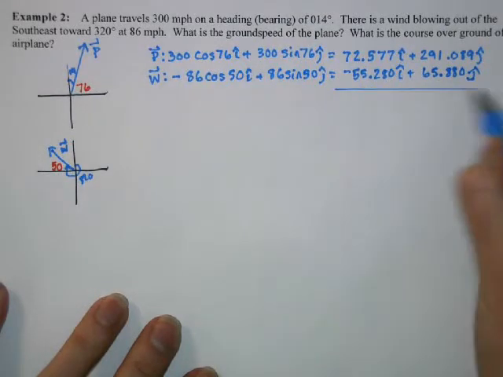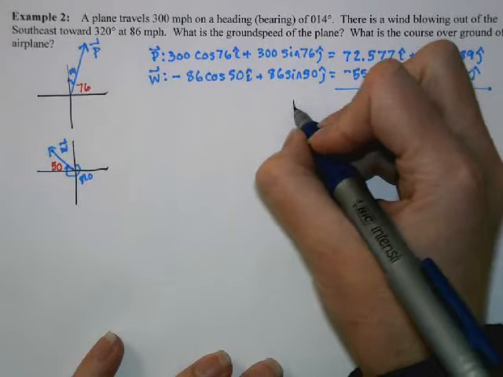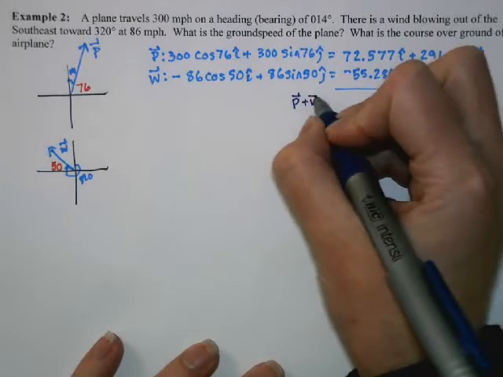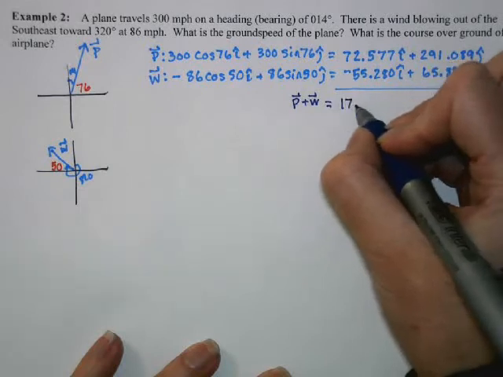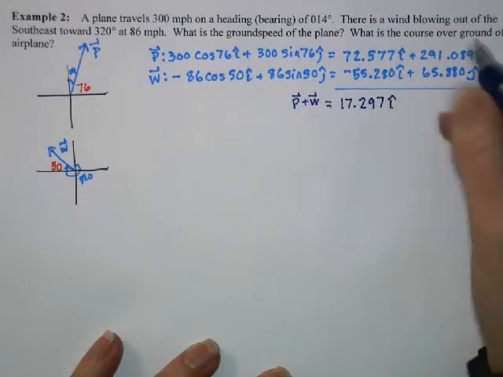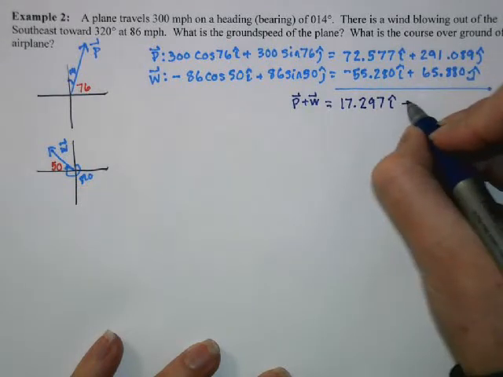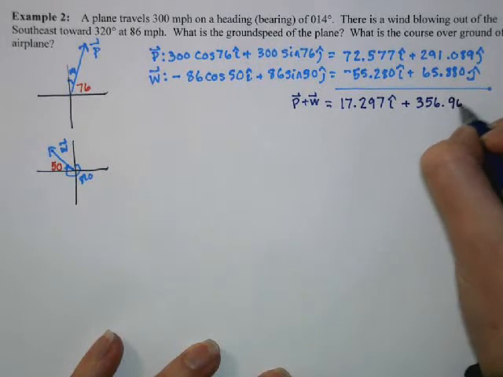Okay, now I'm just going to add those together to get my resultant vector. So when I add 72 and the 55, we get 17.297, and then we add those two guys together, we get 356.969.